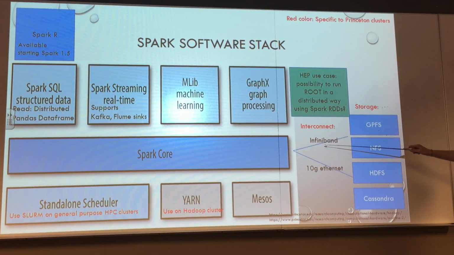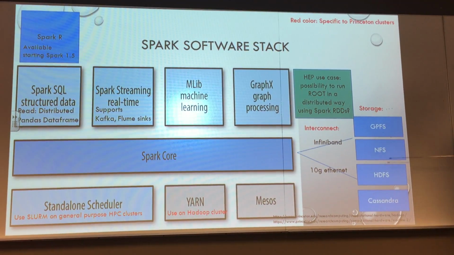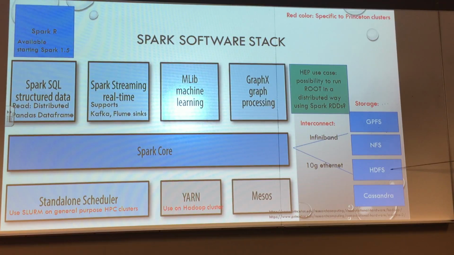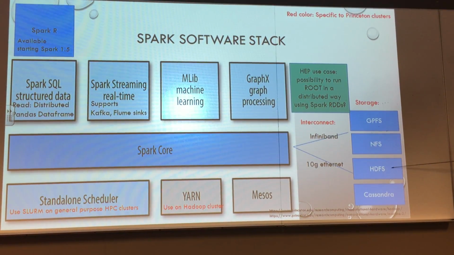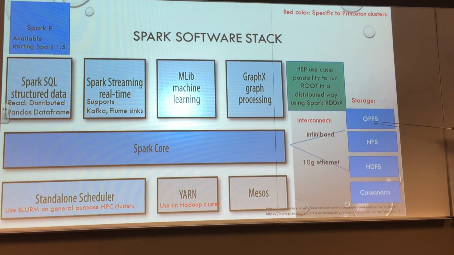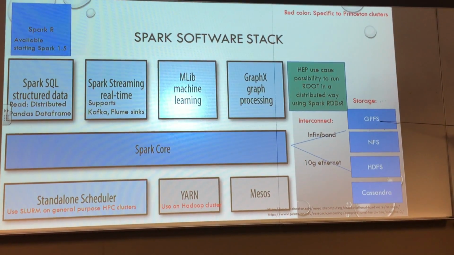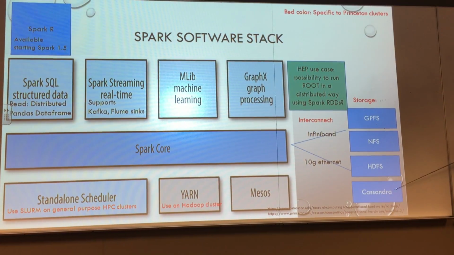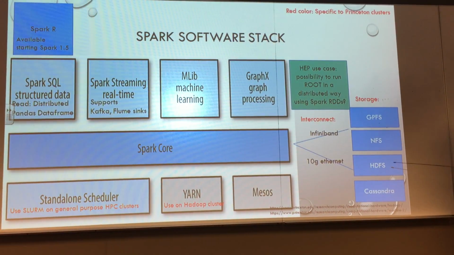And it can, however, connect to other file systems. So it can retrieve and store files into the Hadoop distributed file system, into the Google parallel file system, and Cassandra and other file systems.